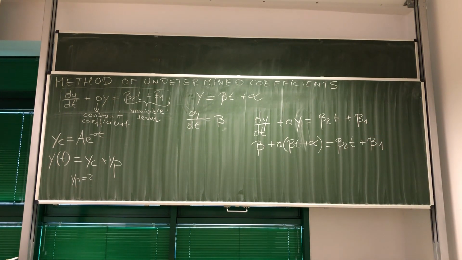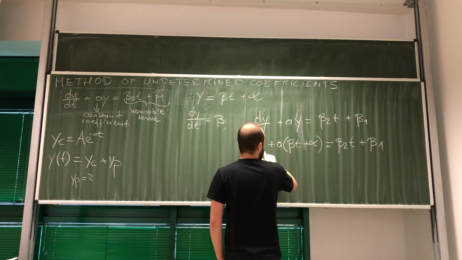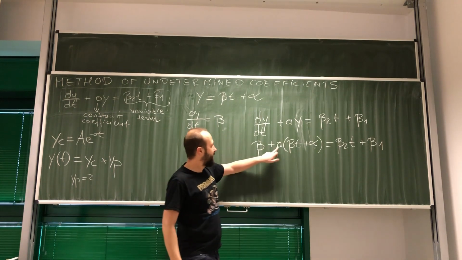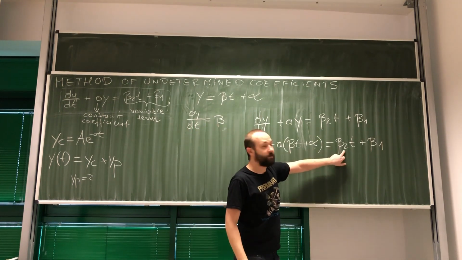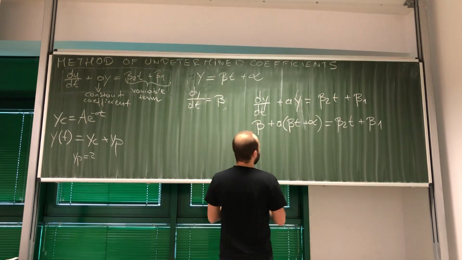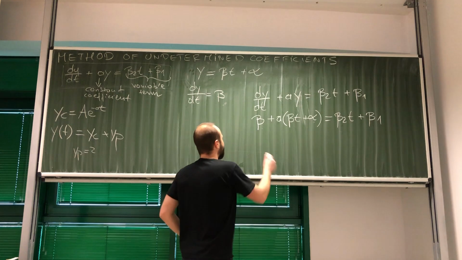And look, now our entire task is simply to calculate the value of beta and alpha and express them in terms of a, beta 2 and beta 1. Okay, to make things simpler, let's first calculate everything out over here.